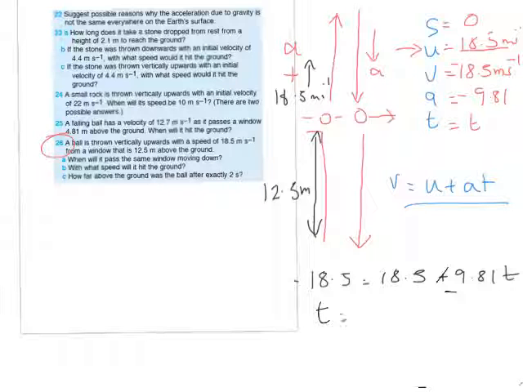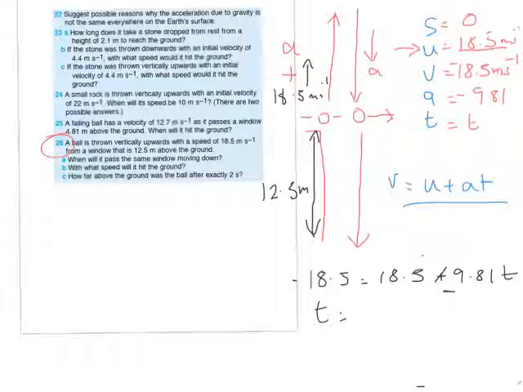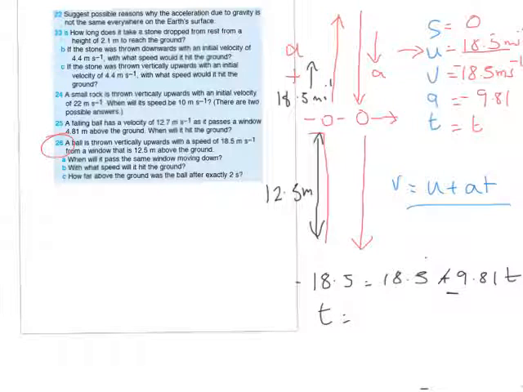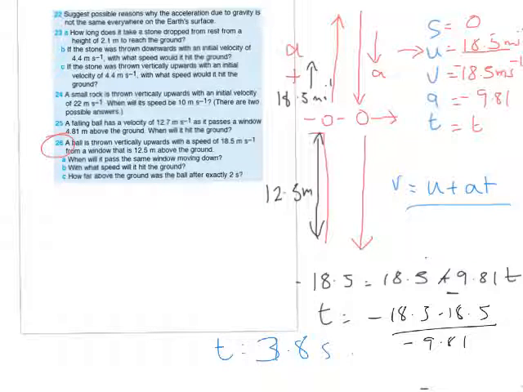So t will equal minus 18.5 minus 18.5 over minus 9.81. Your value of t will be equal to 3.77 or 3.8 seconds.